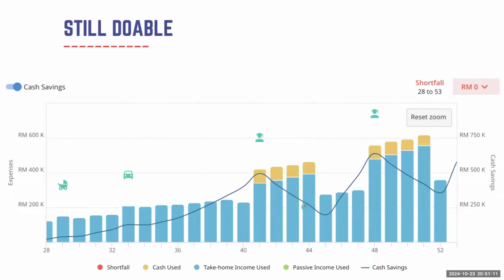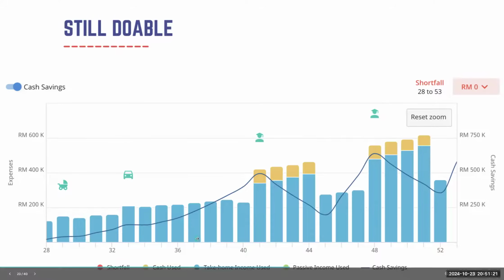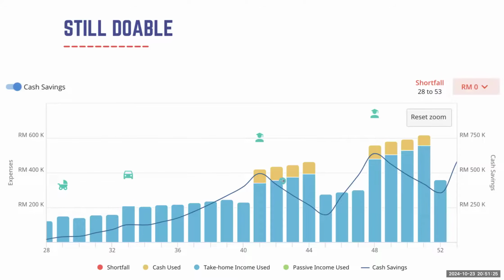And when we put it in, you can see that it's going to put a little bit of strain on the family, but actually it's still going to be doable, right? All the blue color is using your take-home pay to finance this lifestyle, and the yellow part is going to be using your cash reserve.